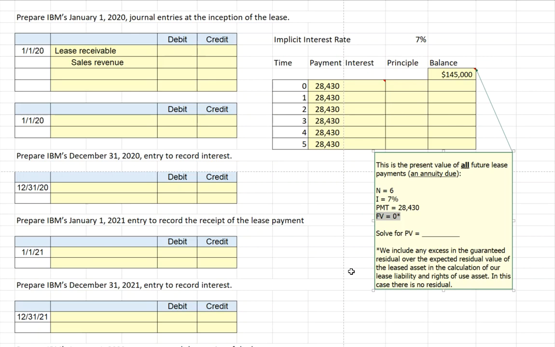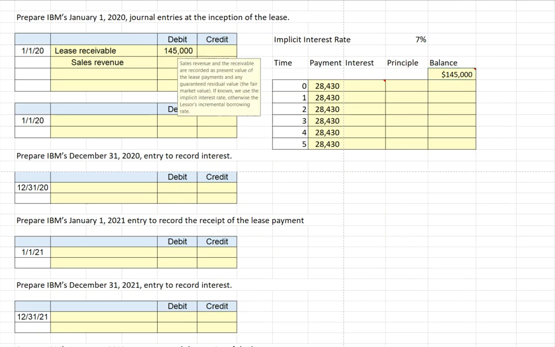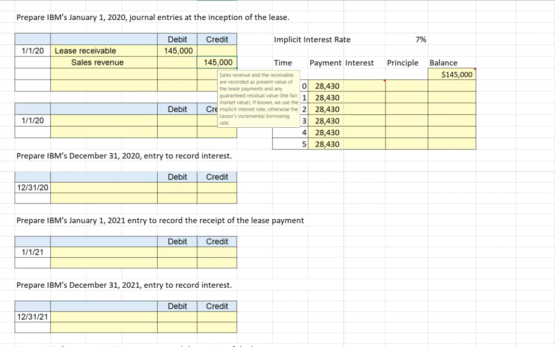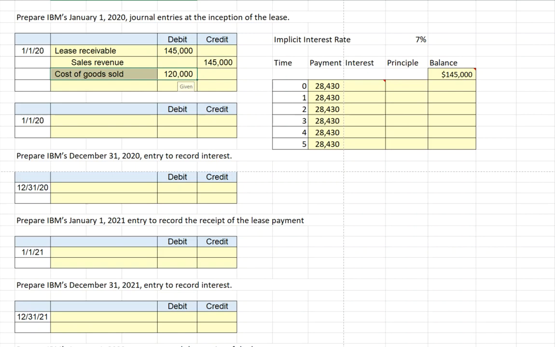In this case, there is no residual, so that future value is 0. When we solve for the present value, we would have gotten the $145,000. So we record a lease receivable of $145,000 and sales revenue of $145,000. When we make the sale, we also need to record cost of goods sold, which we were told was $120,000, as well as reducing our inventory by $120,000.